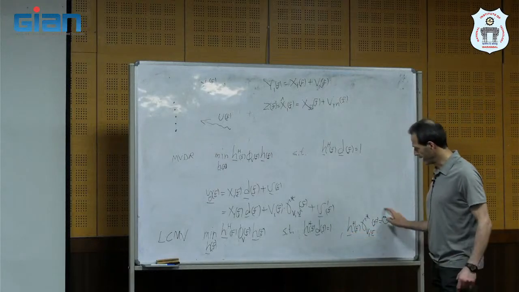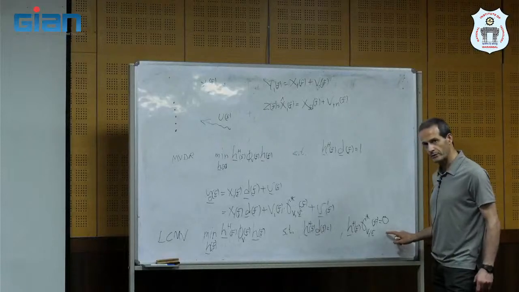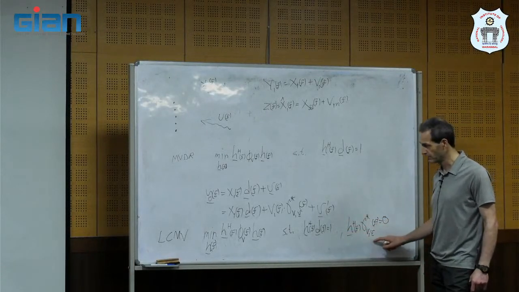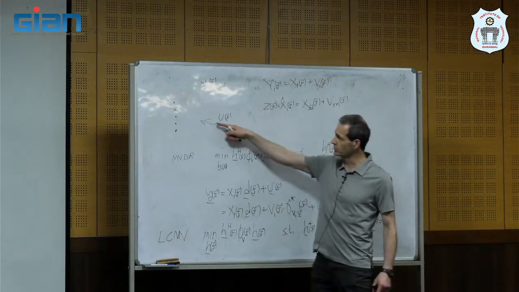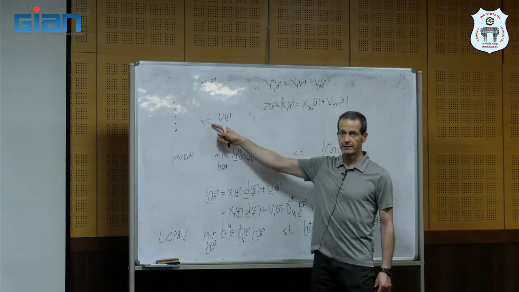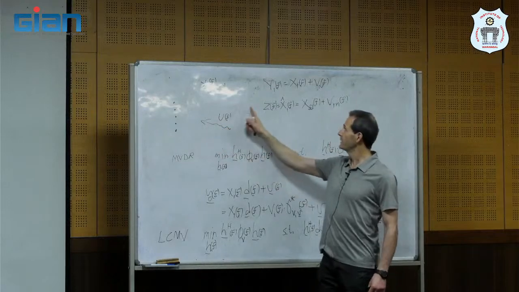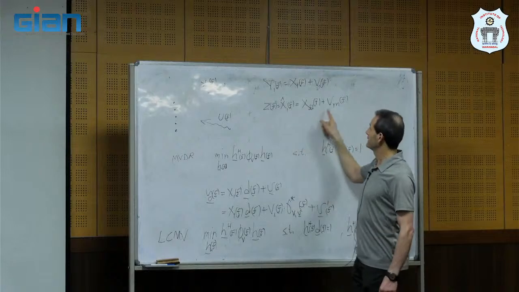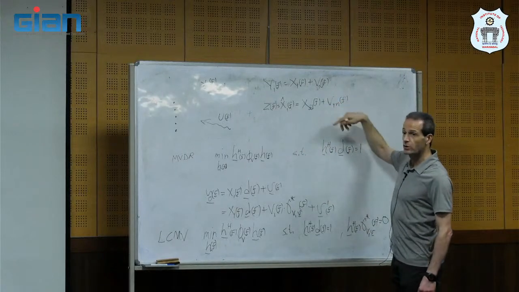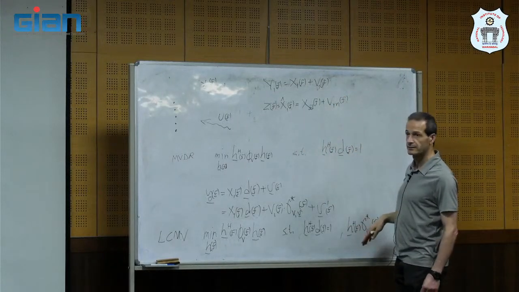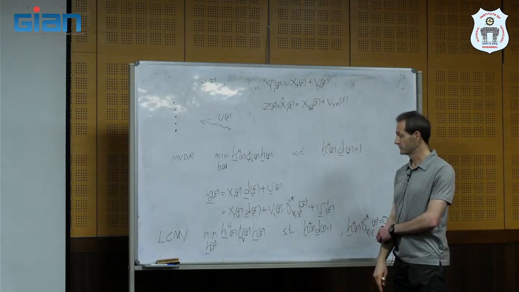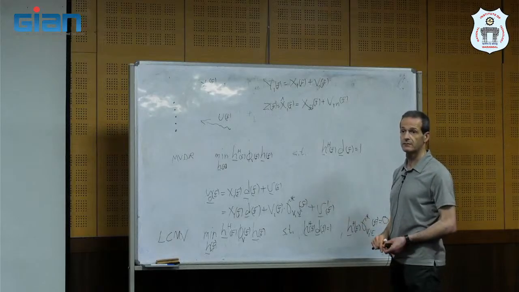Okay, so we have an additional constraint. What do we achieve with this constraint? We achieve that the coherent noise, the interference, is 0 at the output of the filter. But the variance of the residual noise with this constraint, maybe it will not be as good as the MVDR.